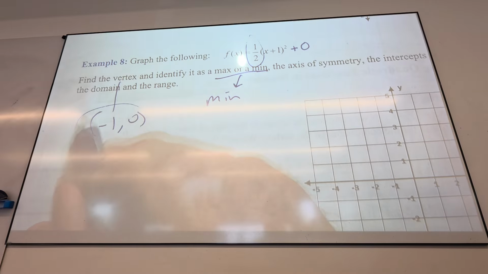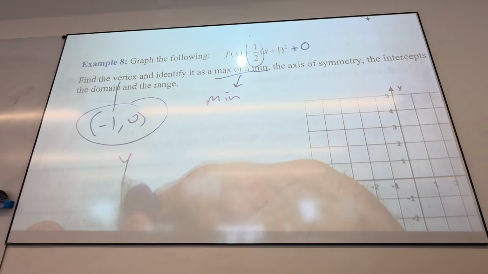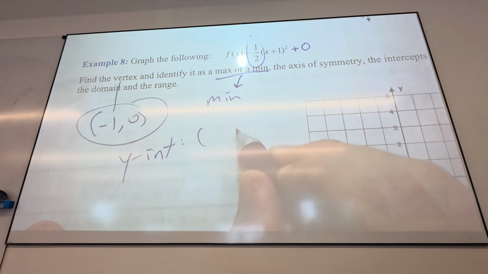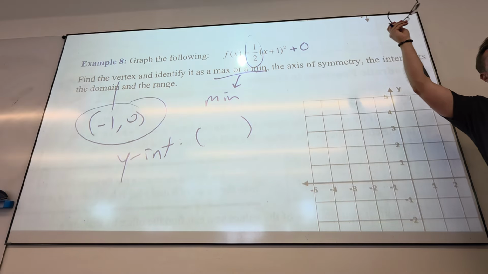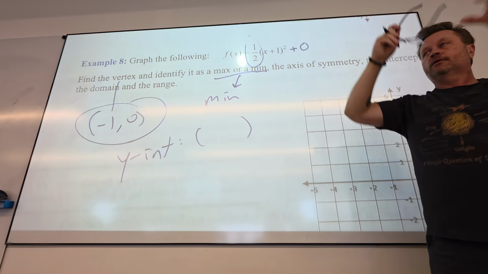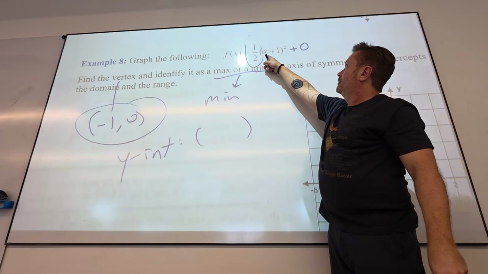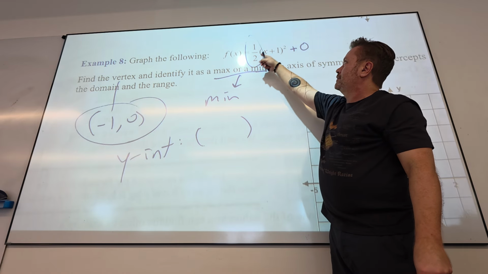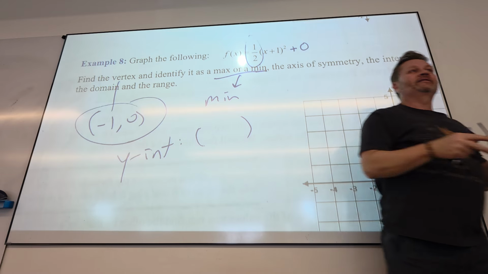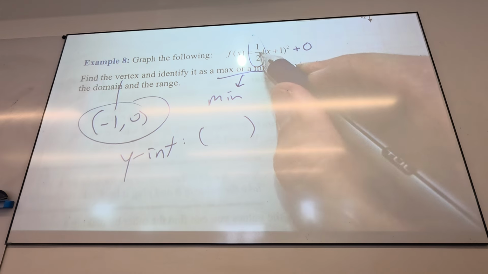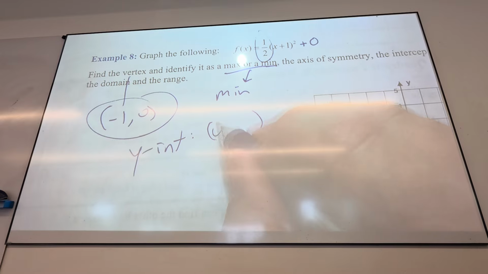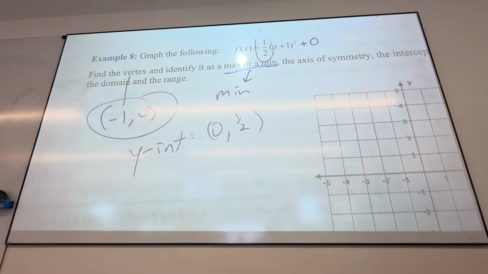So we got the vertex. What's the y-intercept? This time I just got to plug a 0 in. I don't have the original form of it. So if I plug a 0 in, 0 plus 1 is 1, squared is 1, times 1/2 is 1/2.